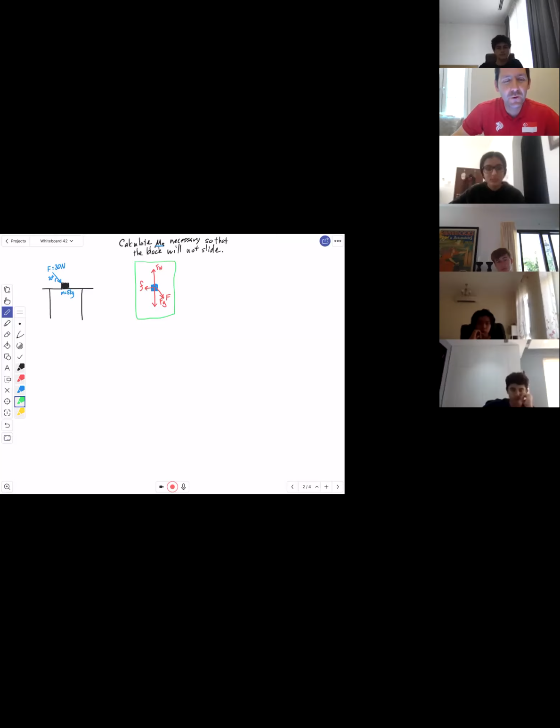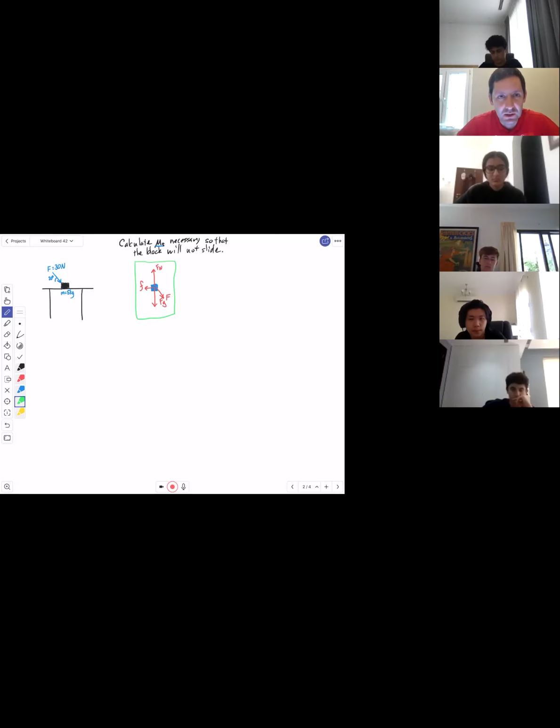Do we have any forces that are parallel to the surface of the table other than friction? No. Not purely, right? However, we learned about components.